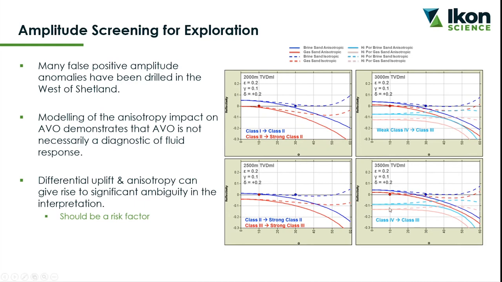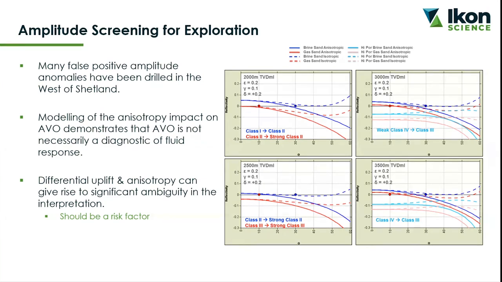Now, the danger here is, of course, that with a small change in porosity, we have a brine-bearing sand with a class 3 response, which is very often interpreted to be a gas-bearing AVO type curve.